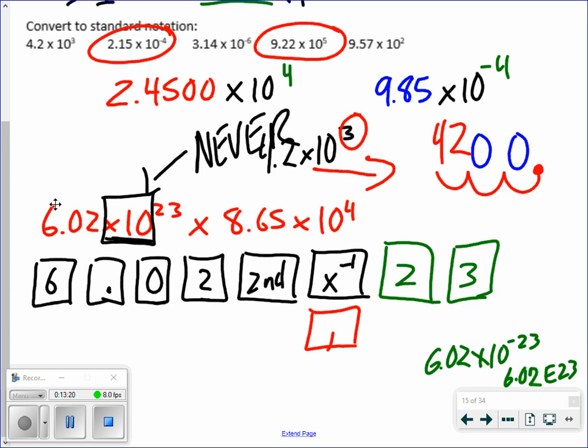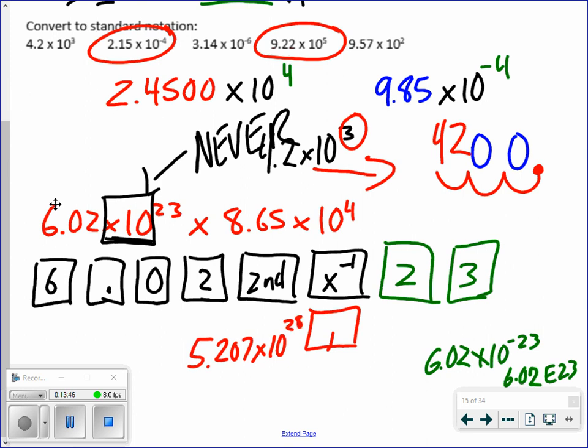Second first, and then x to the negative 1, which is my EE, or the comma if you're on the other calculator, and then just 4. This is what you should get for an answer: 5.207, and another number, times 10 to the, and this exponent should be 28.